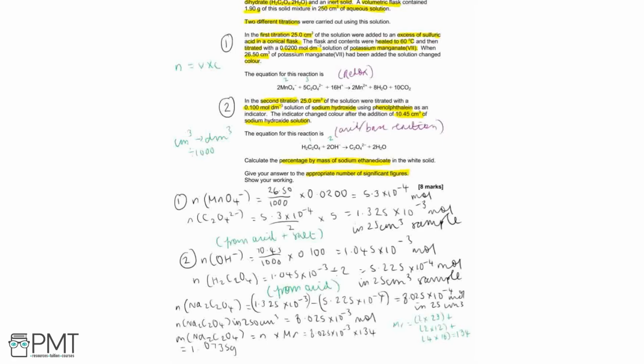So now our percentage is going to be 1.035 divided by 1.90 times by 100, and that's going to equal 56.6%, and that's to 3 significant figures, because we've got to give our answer to an appropriate number of significant figures here.